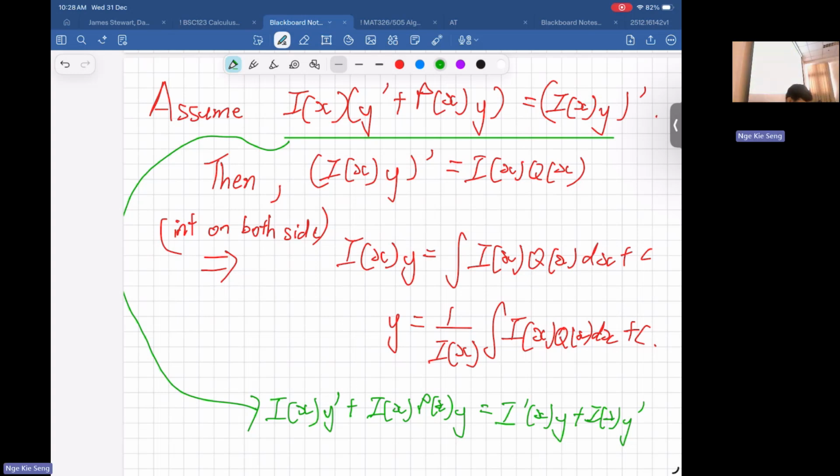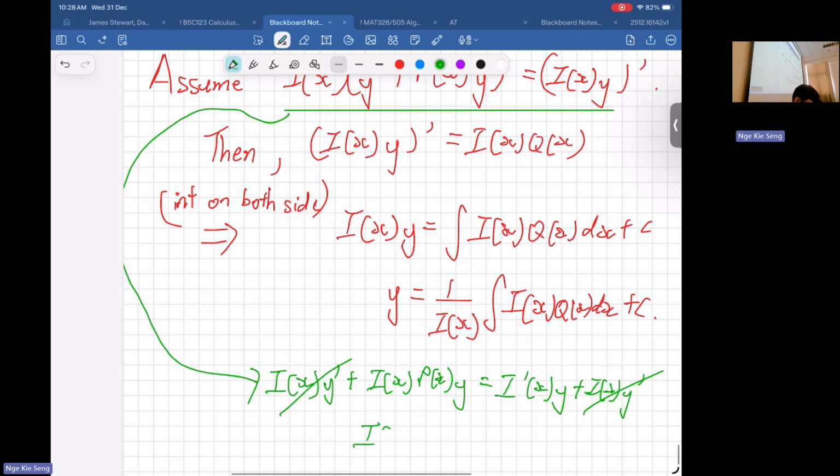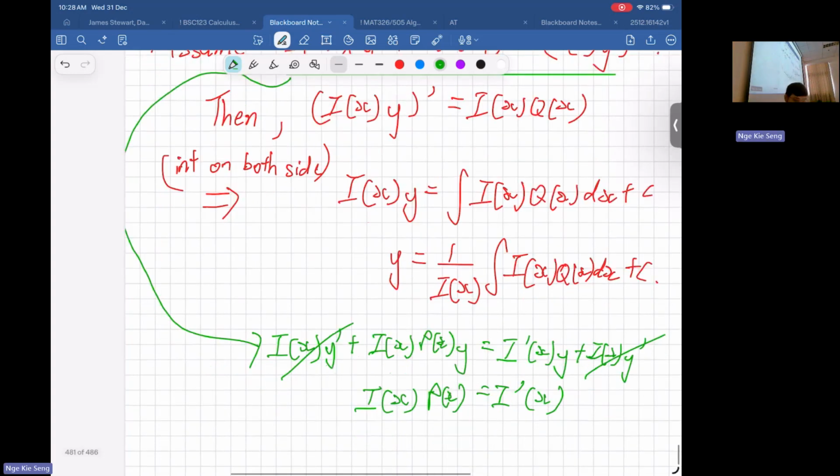If you notice, there are similar terms on both sides, such that we are left with I(x) P(x) equals I prime(x). From here, do we know how to solve this yet?